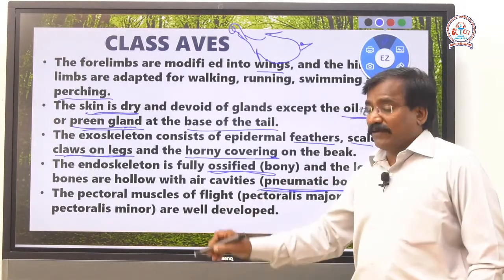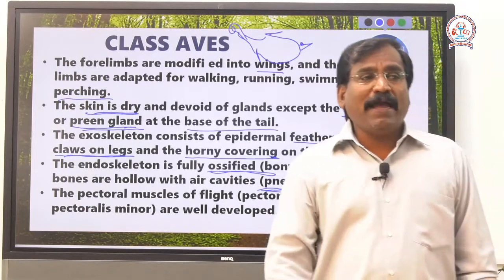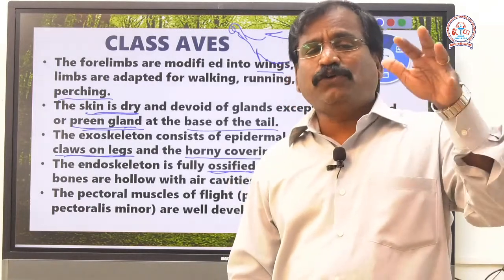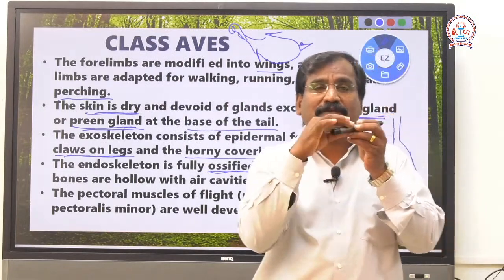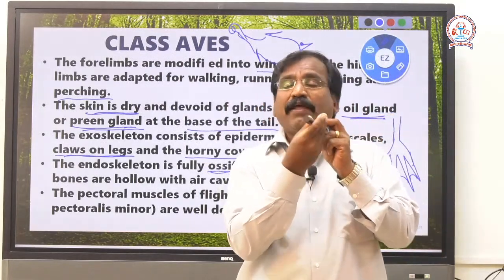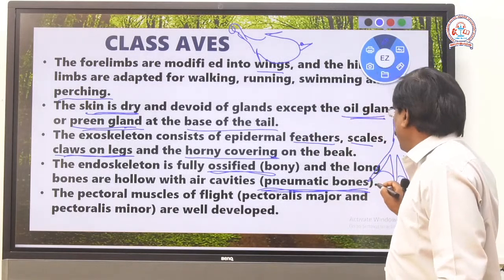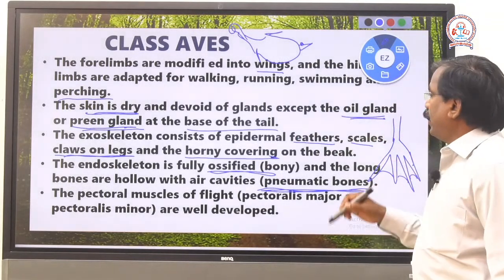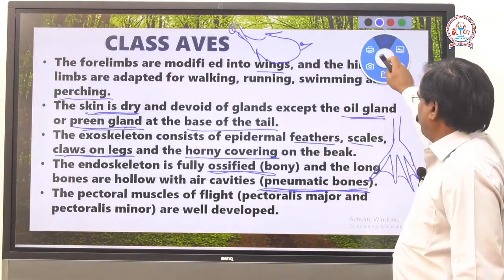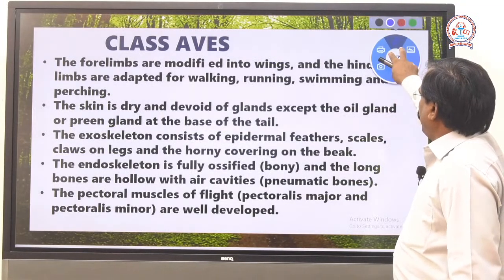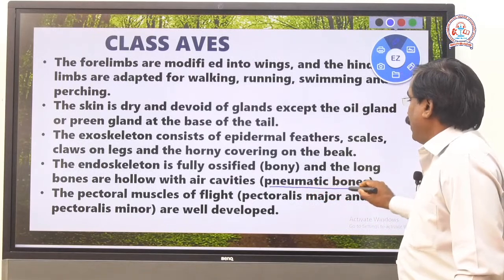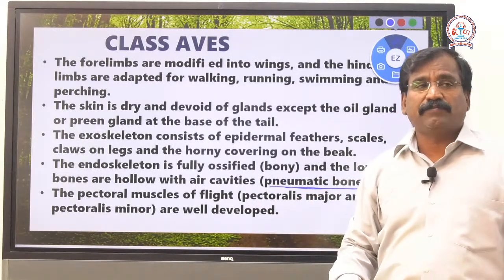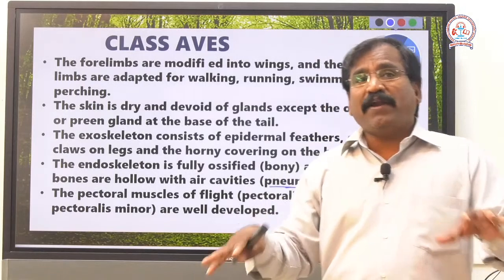Pneumatic means hollow and tubular. Inside, there is a space, like a tube. That is a pneumatic bone, very important. Pneumatic, pipe-like bone is one of the flying adaptations that decrease the body weight.